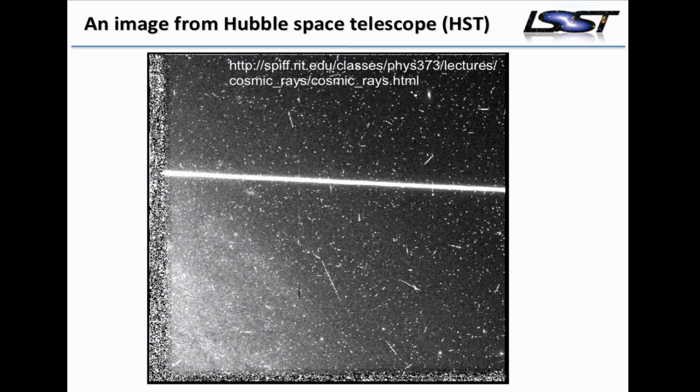Here's a really interesting image from Hubble Space Telescope, where this has a bunch of stuff going on that we can try and figure out and identify. Of all the stuff in this image that jumps out at your eye, it's very much the minority that constitutes legitimate astronomical sources.